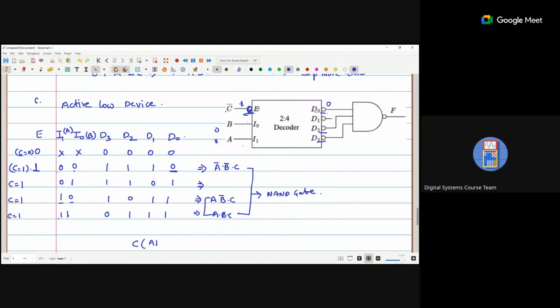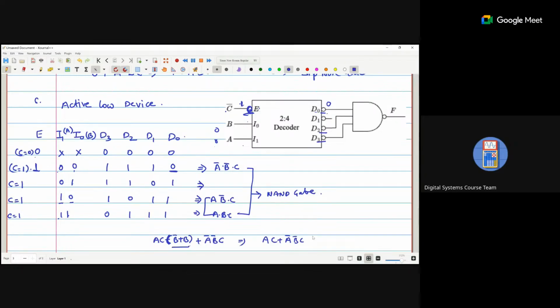So the remaining is B bar plus B, plus A bar, B bar, C. Okay, this is 1. So the remaining is AC plus A bar, B bar, C.